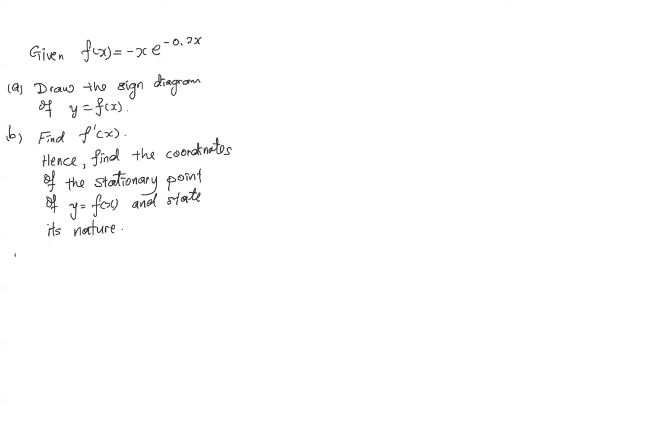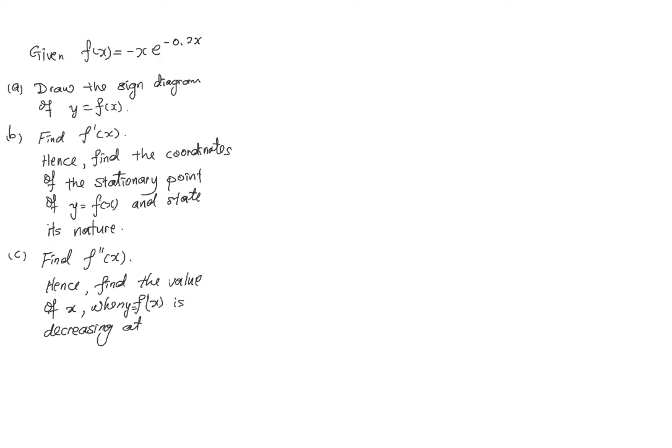C, find f double prime x. Hence, find the value of x when y equal to fx is decreasing at the fastest rate.